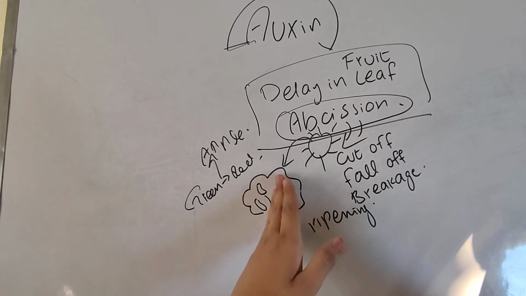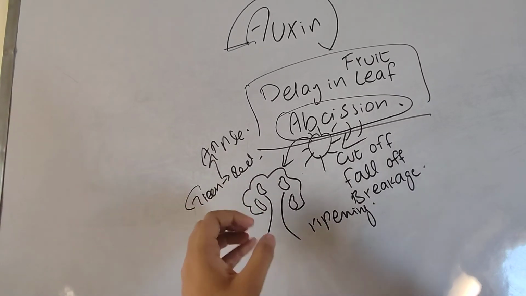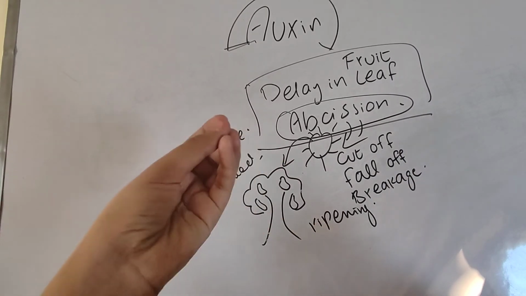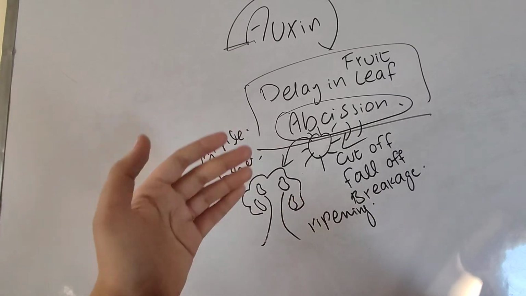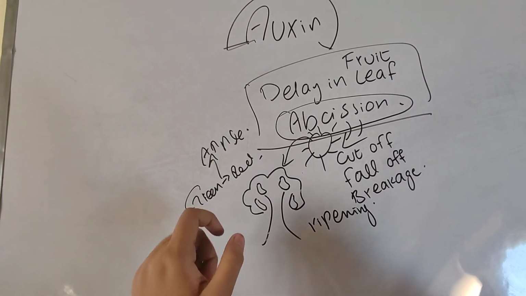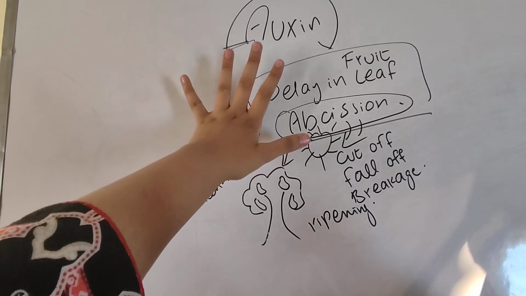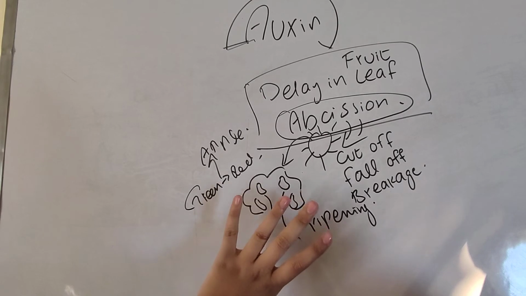The plant cuts off leaves, cuts off some apples to make the rest of the apples properly nourished for edible processes. This is the normal plant process.